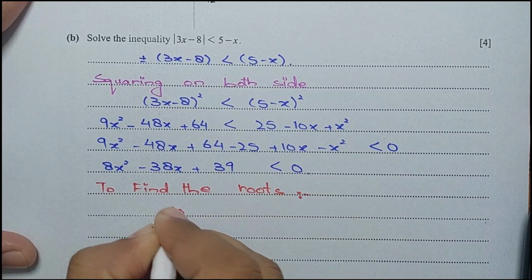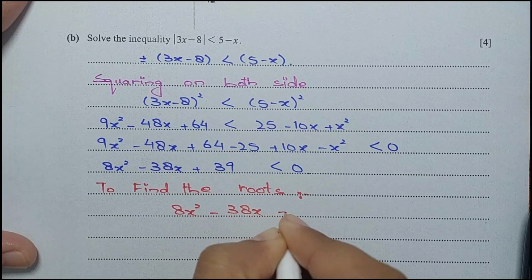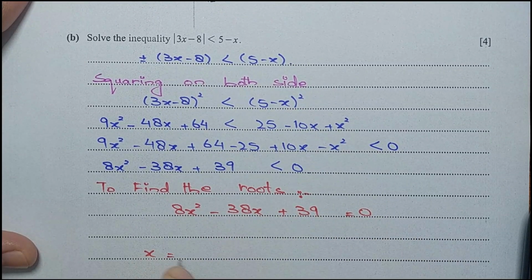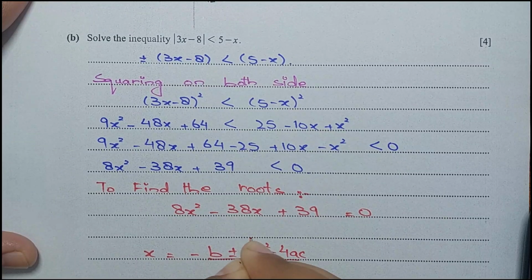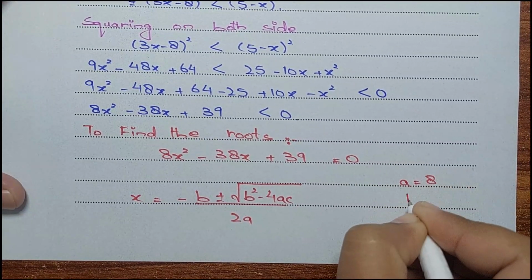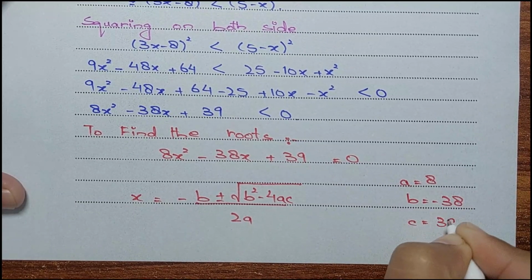We have to consider 8x square minus 38x plus 39 equals 0. The quadratic formula is x equals minus b plus or minus square root of b square minus 4ac, everything divided by 2a, where a is the coefficient of x square, b is the coefficient of x, and c is the constant term 39.